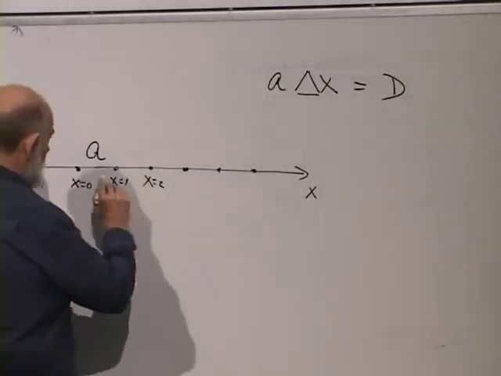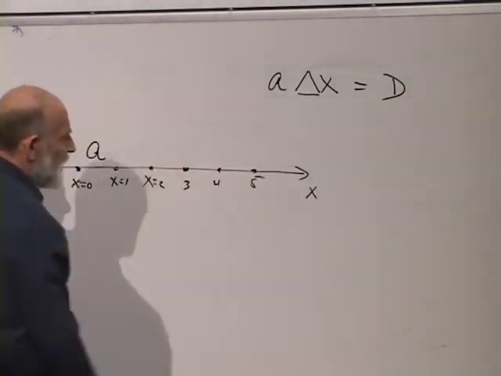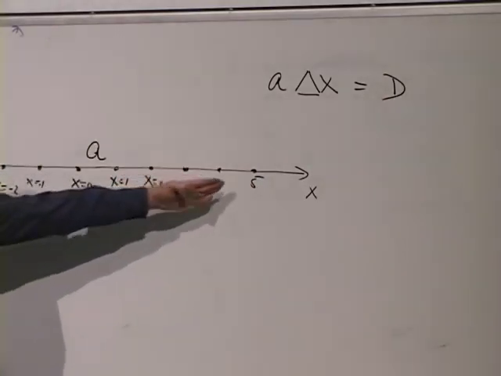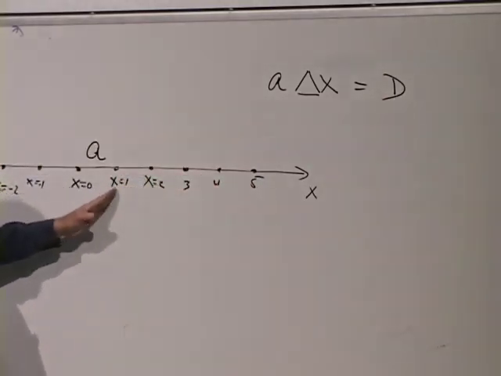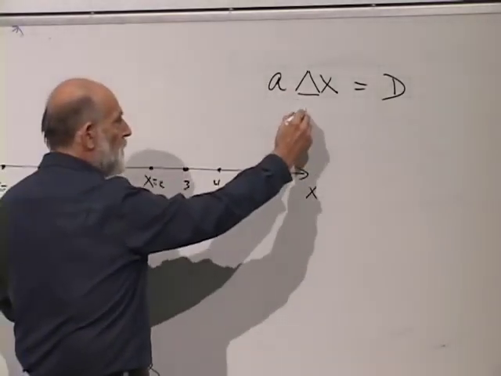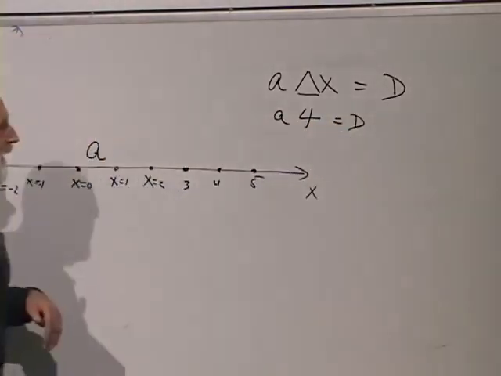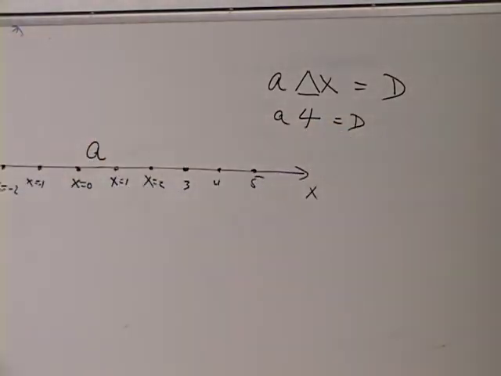This could be x equals 1, 2, 3, 4, 5. The distance between the galaxy called x equals 5 and the galaxy called x equals 1, that's delta x equals 4, times a is the distance. A times 4 is the same as 4 times a. What about the distance between x equals 3 and x equals minus 1?